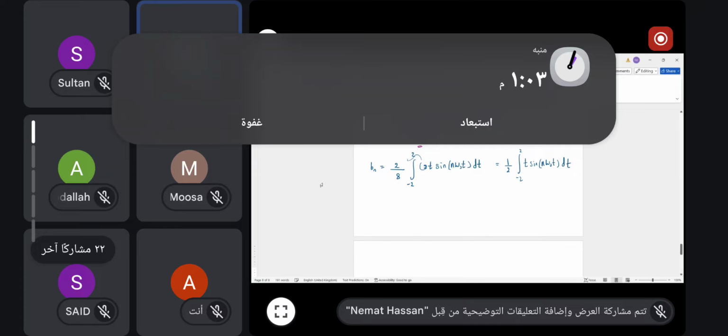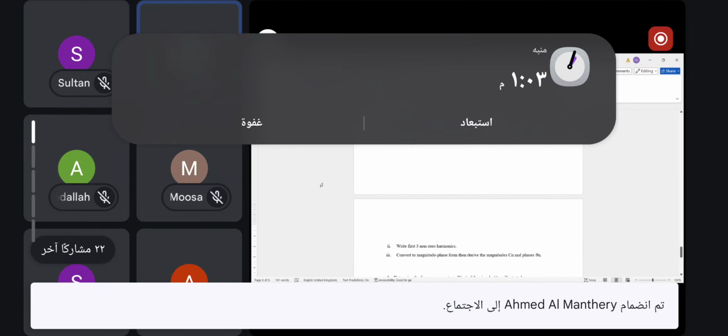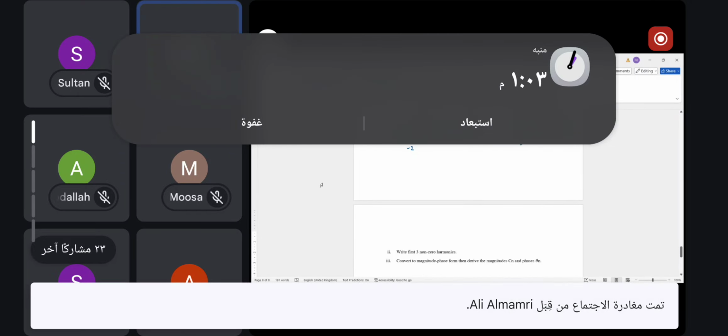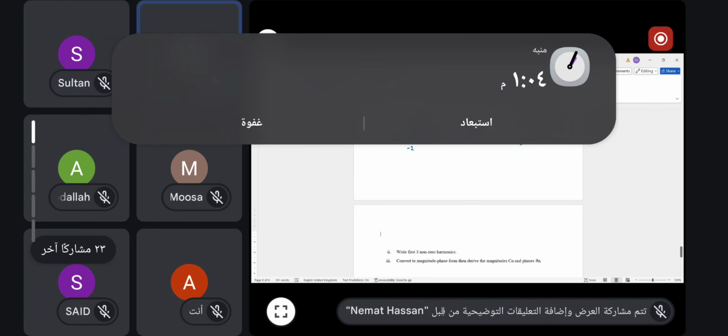Okay? This will be a little bit lengthy, bear with me. Why? Because if you look here, t times sine n omega naught t, this is the integral of two functions multiplied by each other. And this is the rule that we will use.